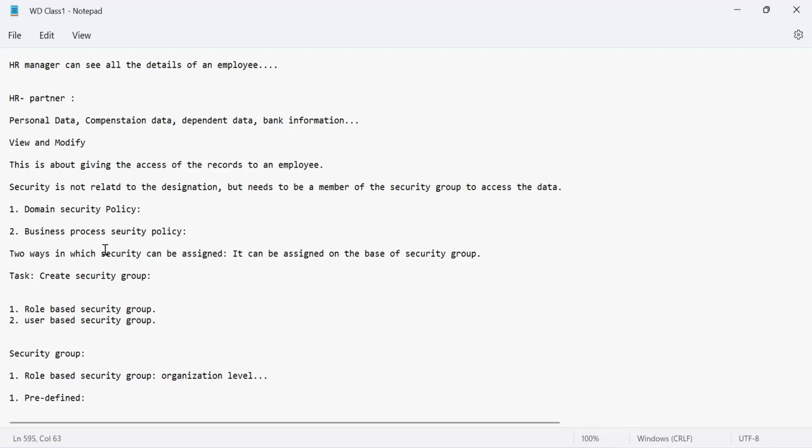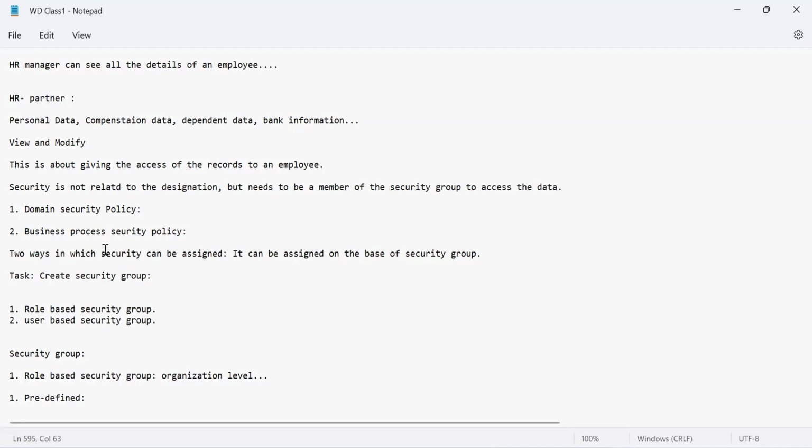Whenever an employee is hired, as per their roles and responsibilities, a role is created in the system. That role is assigned to that employee, and it is also assigned to a security group. It is called a role-based security group.